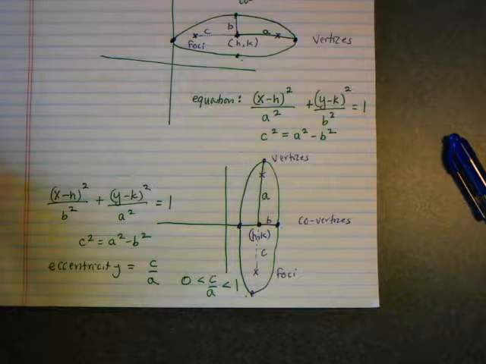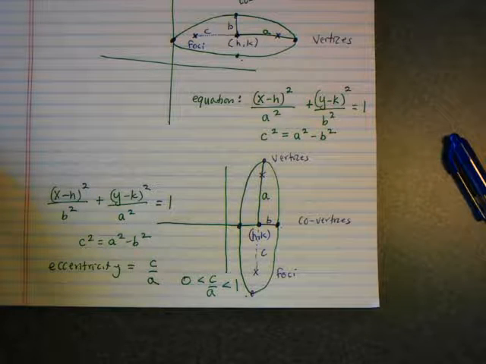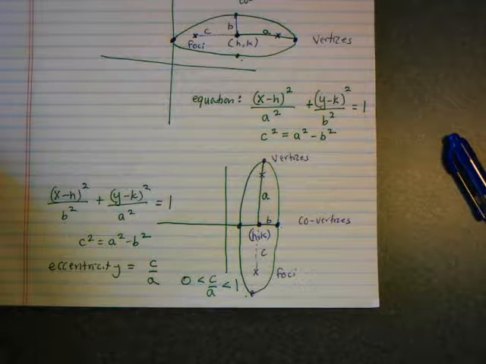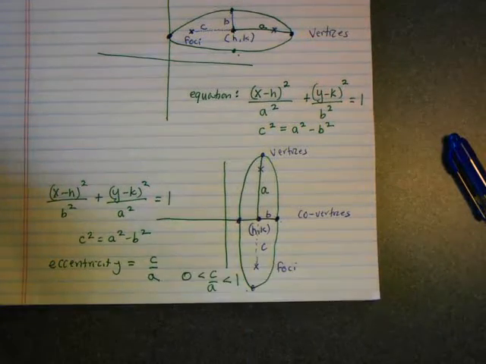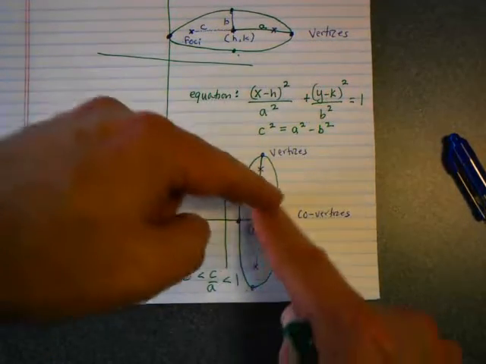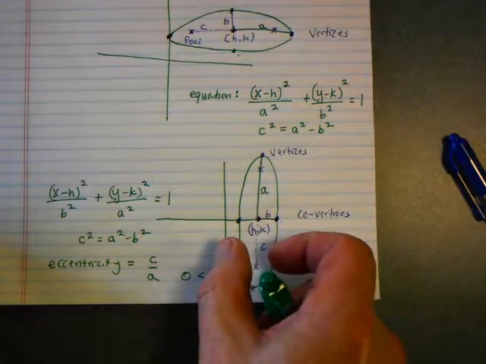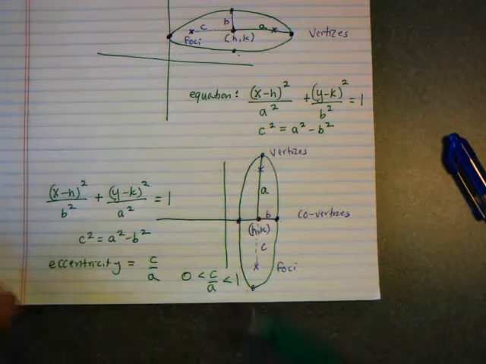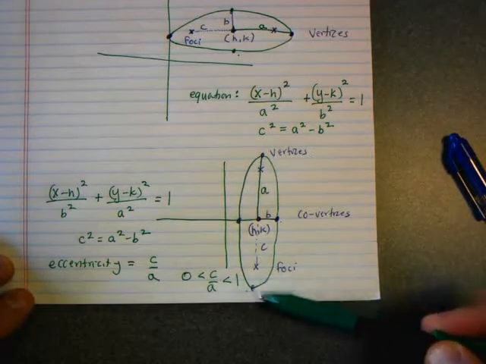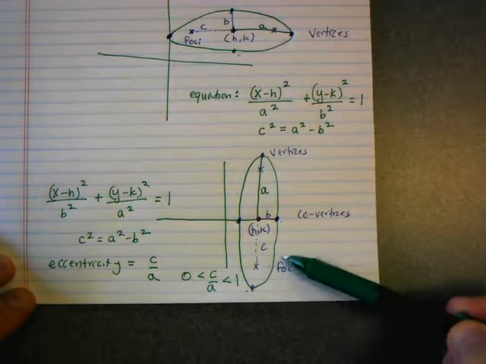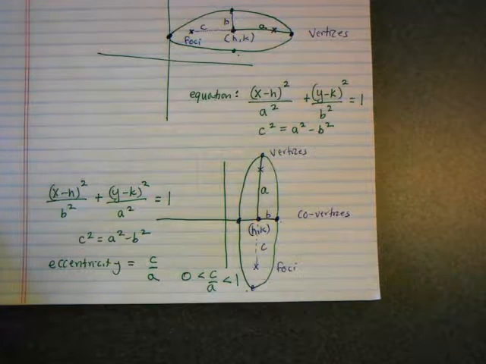So if this is closer to 1, the ellipse is getting extremely tall and extremely skinny. So you're right, it's looking more and more like a line. If the eccentricity were exactly 1, that's impossible, but it would be just a straight line. And if it were exactly 0, it would be a perfect circle.